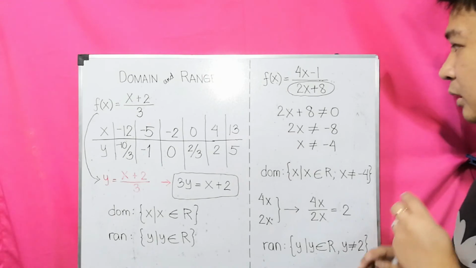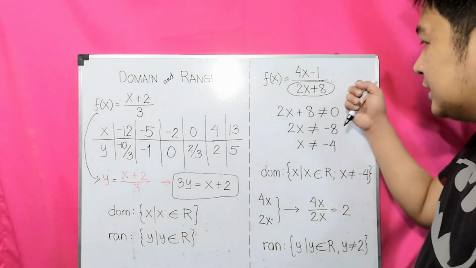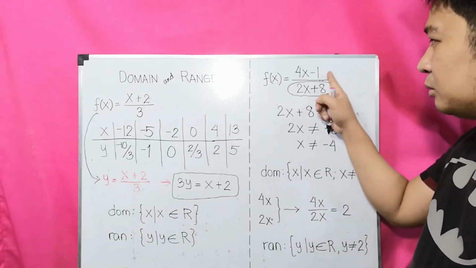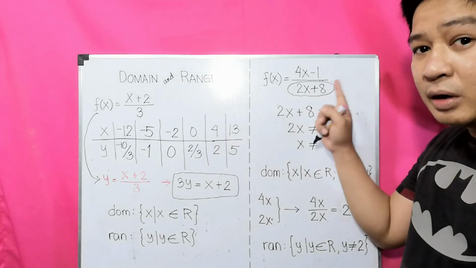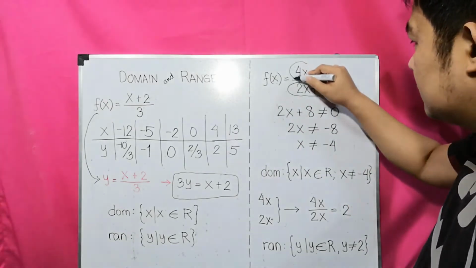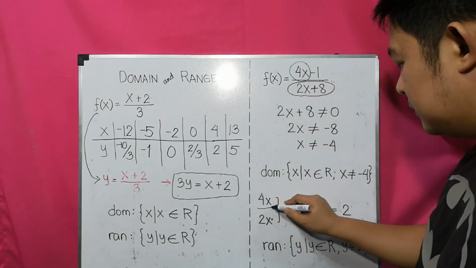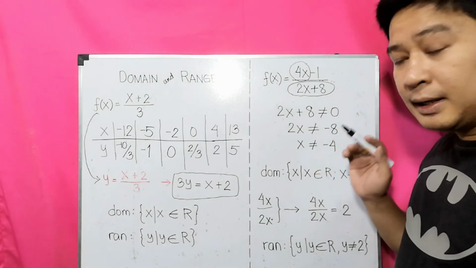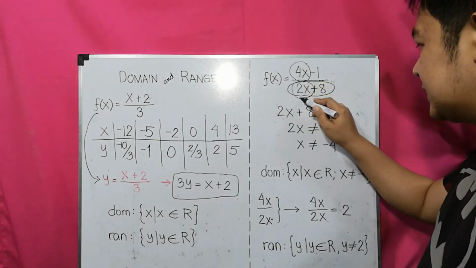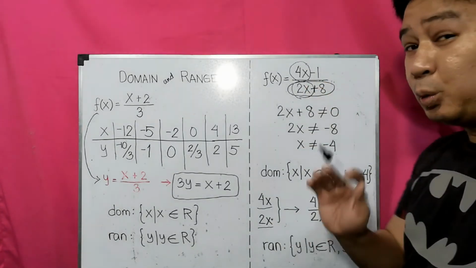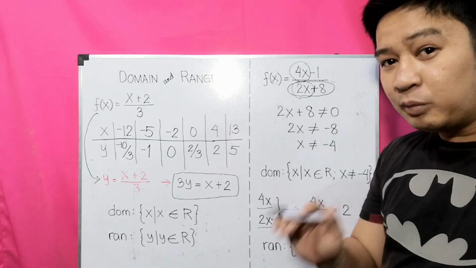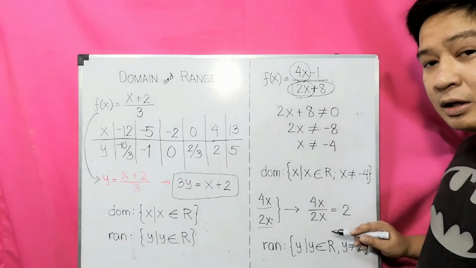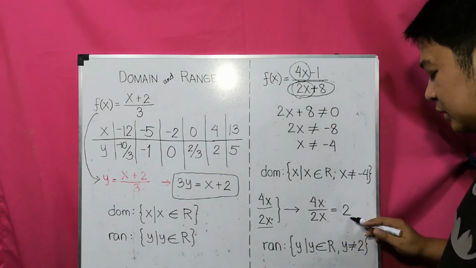And so in determining the range of this rational function, what we're going to do is identify the term on the numerator that has the variable x, that is 4x, and determine the term on the denominator with the variable x, that is 2x. Now we divide those two terms: 4x divided by 2x equals 2.